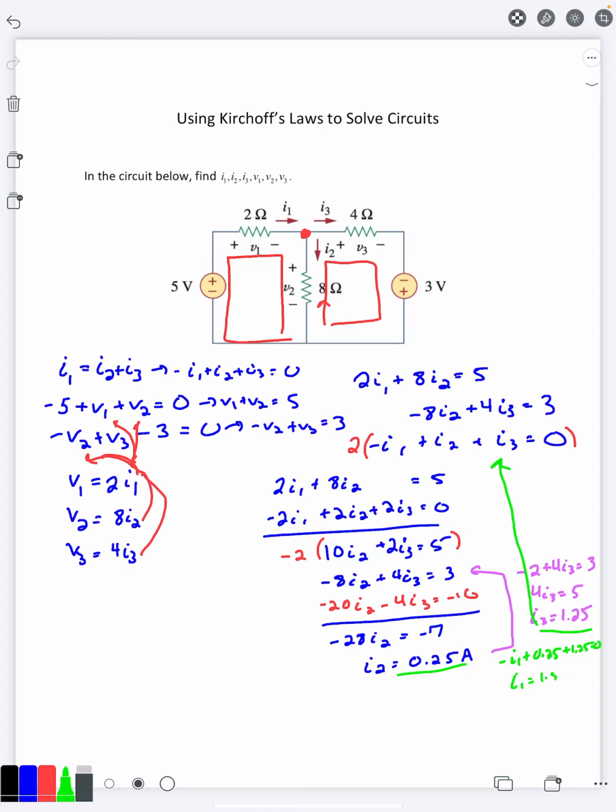That's going to be I1 is 1.5. So I have I1 is 1.5 amps, I2 is 0.25 amps, I3 is 1.25 amps, and then using the Ohm's law rules, we can go ahead and find the V's here. V1 is 2 times that, which is 3 volts, sorry, not amps, volts here. V2 is 8I2, that's going to be 2 volts, and V3 is 4 times that, which is 5 volts.